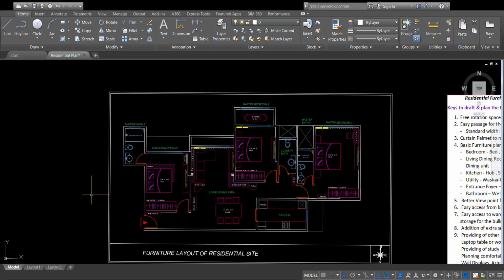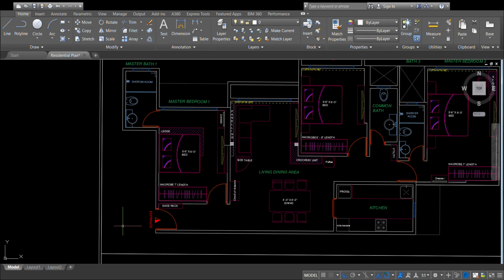So there has to be easy movement from the main entrance to the doors of all the rooms and bathrooms, including the small spaces and everywhere.